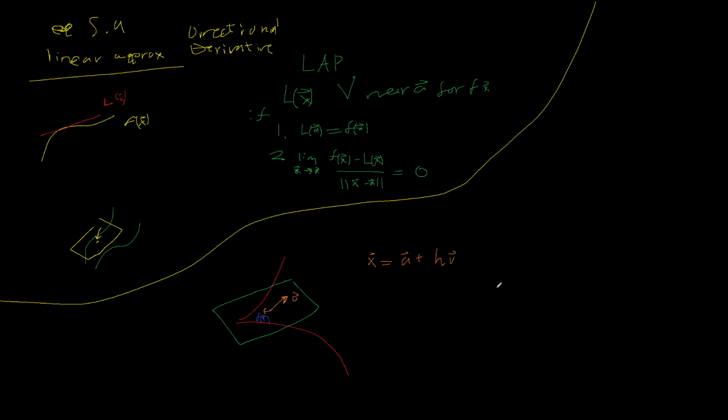And remember, our linear approximation is just a tangent line, so I should explicitly write that here: L(x) equals f(a) plus gradient f(a) dotted with x minus a. That's what that is.